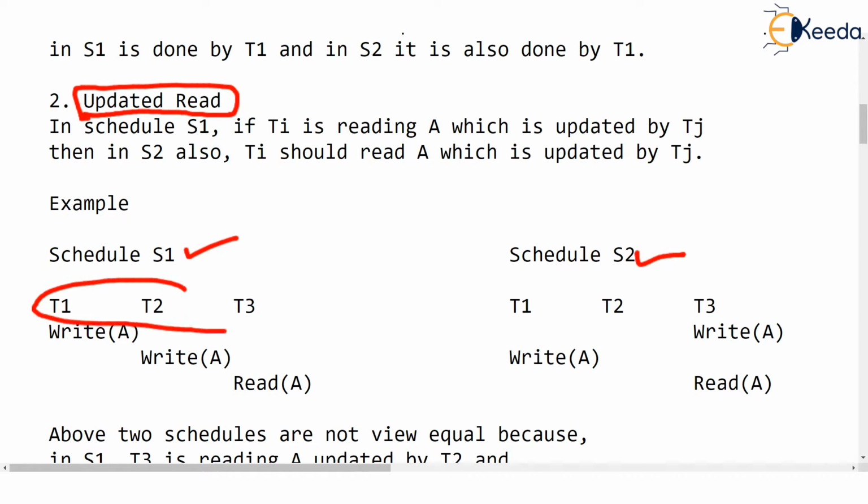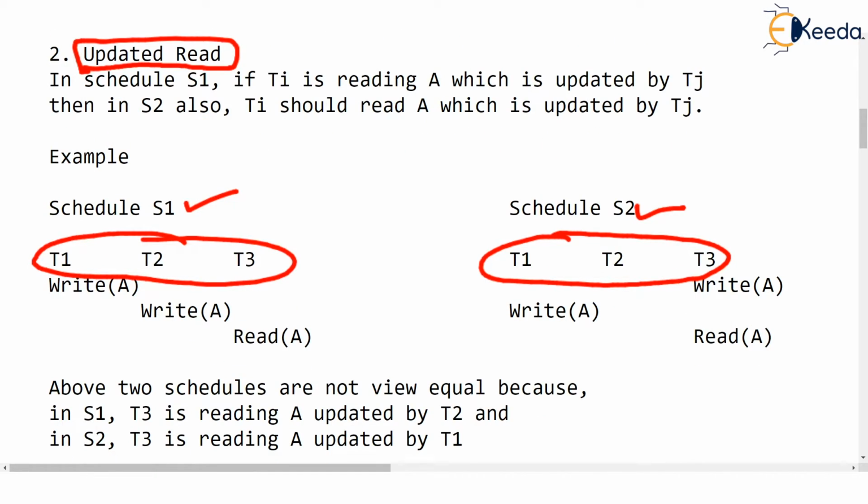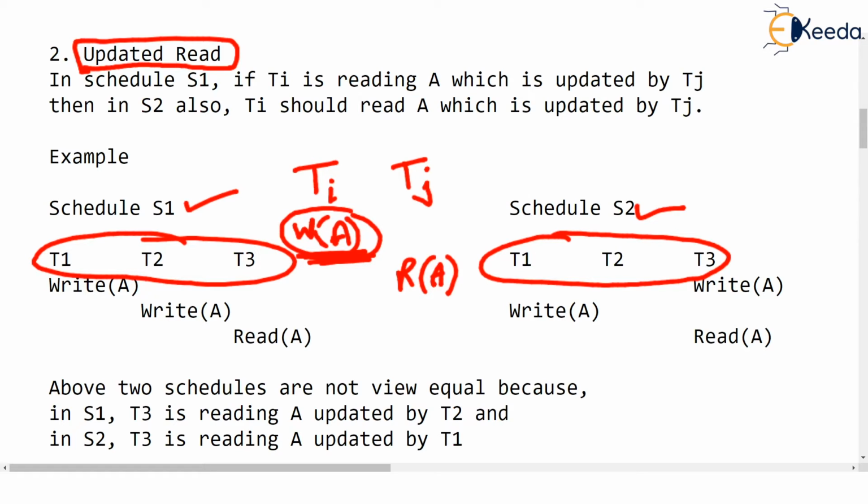Now updated read means that suppose some transaction Ti is writing some data item A, and some transaction Tj is reading that data item A which was updated by Ti. So this is an updation, isn't it? Write A means changing the value of A. So this changed value of A, written by Ti, is getting read by Tj.